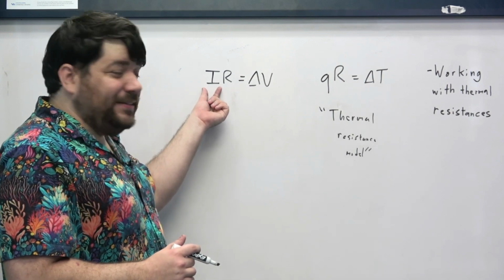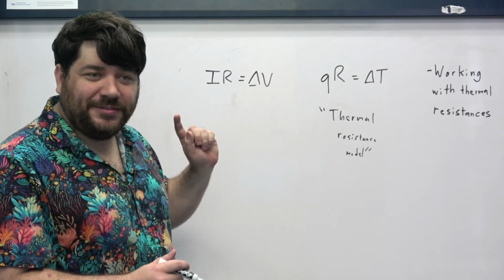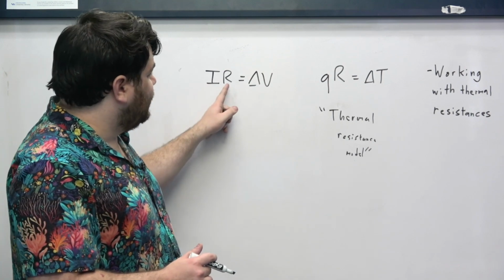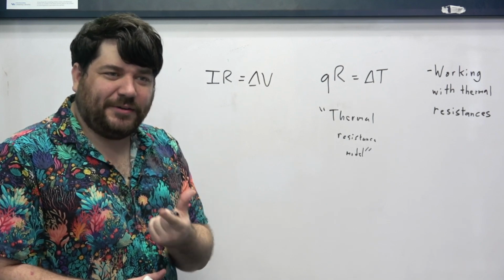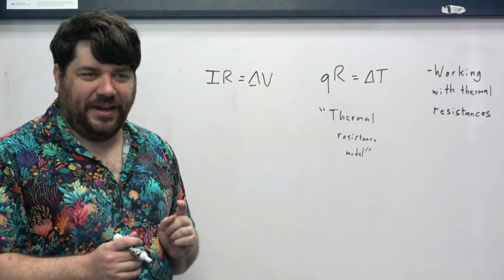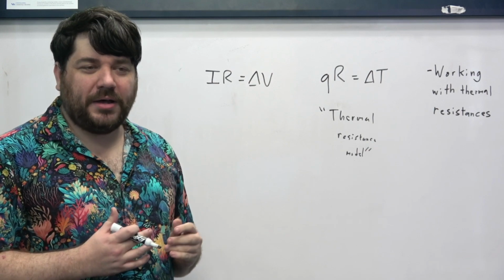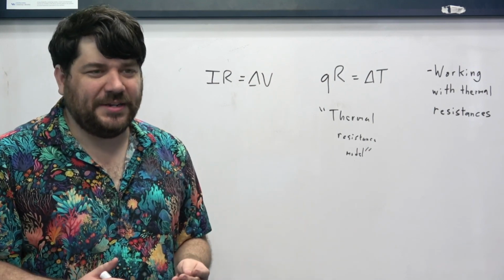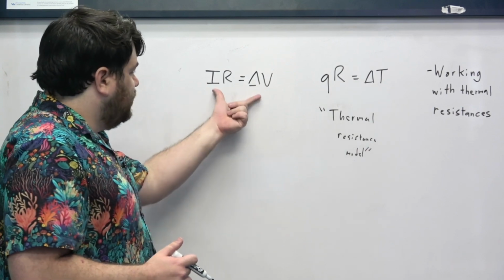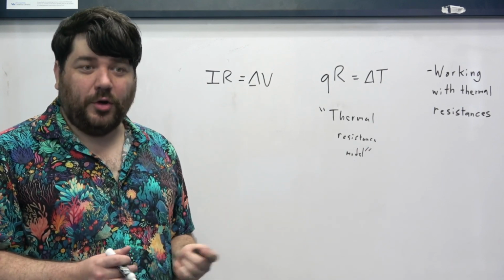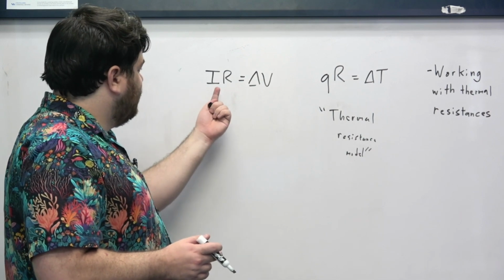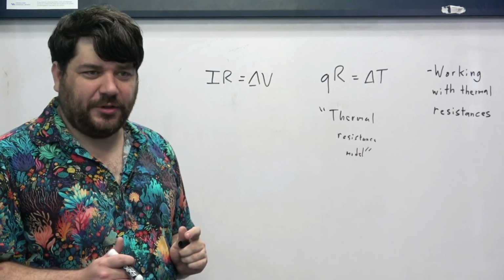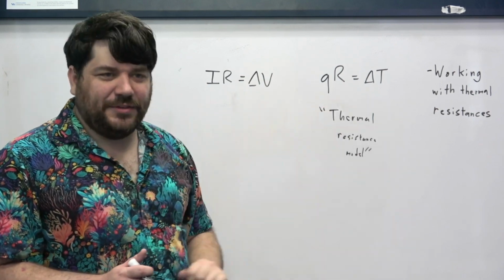We can relate the current through that resistor to its electrical resistance and to the drop in the electrical voltage that happens between either end, right? So whenever you're trying to model electrical currents inside of a standard resistive element, we get this thing that is usually referred to as Ohm's law that relates electrical current, electrical resistance, and changes in electrical voltage. This is kind of the same idea.